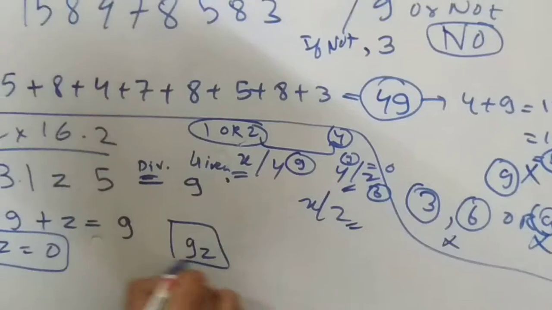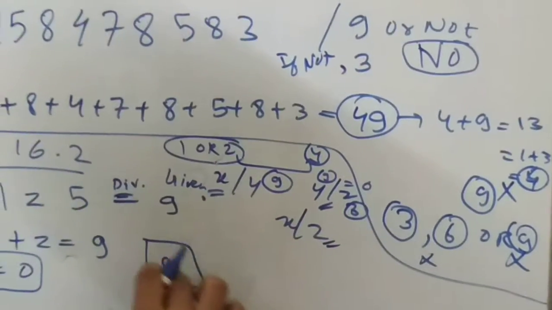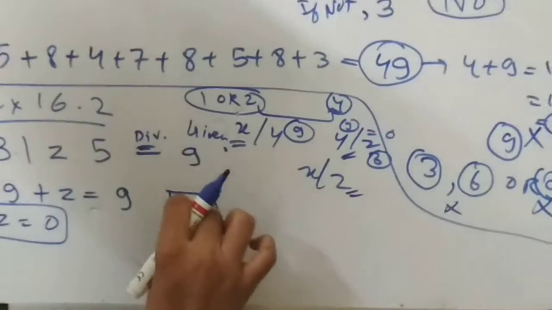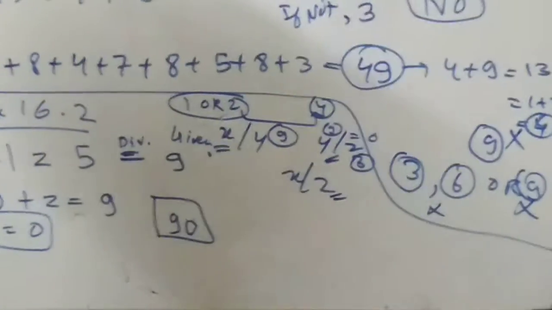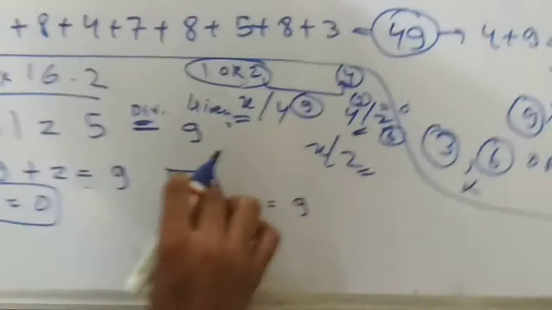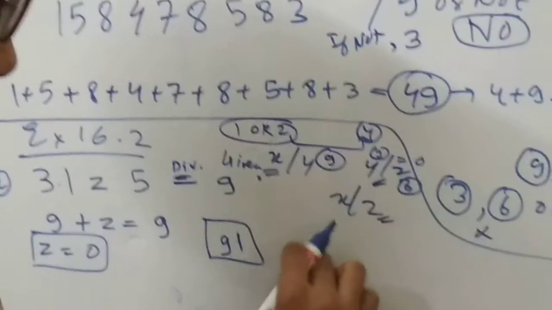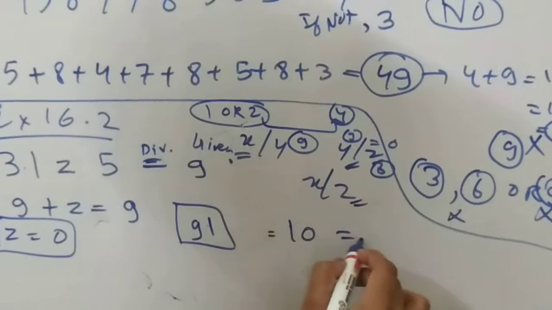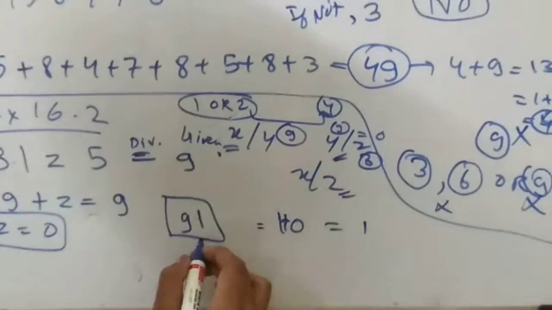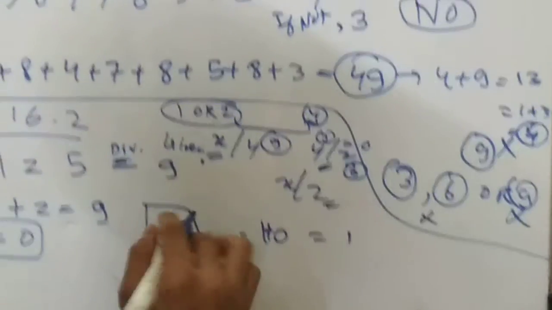Now think for yourself: if you take 0 here, then the digit sum is 9 plus 0, which is 9. Yes, satisfied. If you take 1 here, then what will be your answer? 9 plus 1 is 10. 1 plus 0 is 1. Now if you take 2 here, it will be 2.